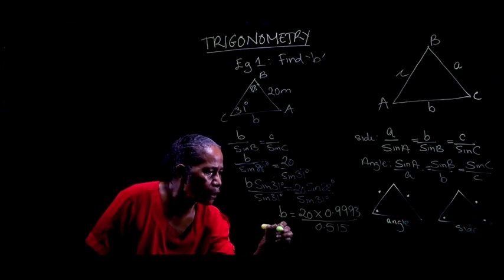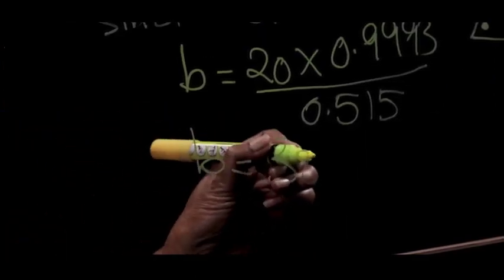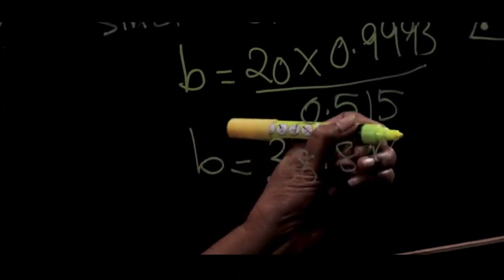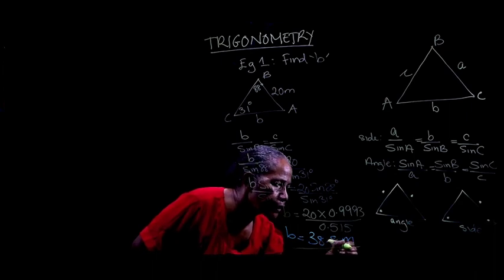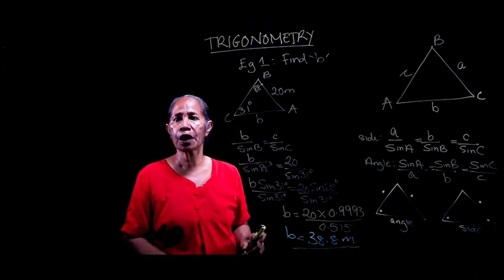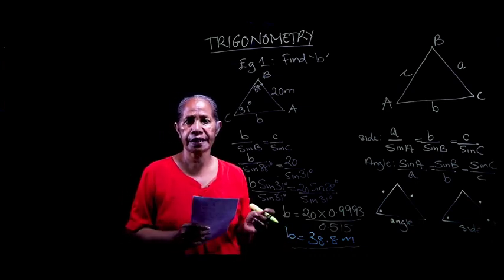So the value of b is equal to 38.8 meters. This is the answer for the question.